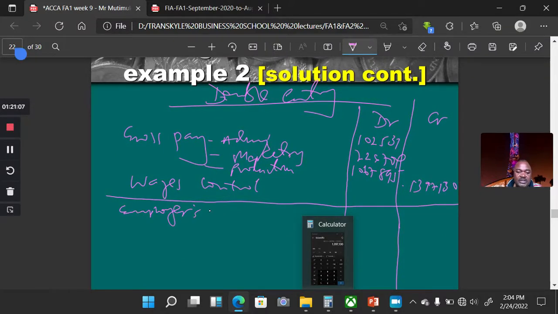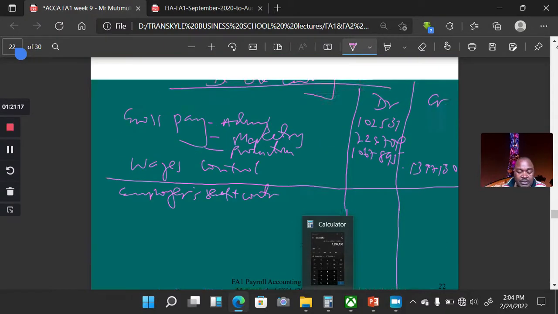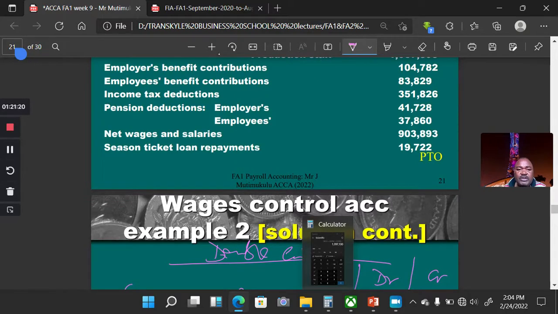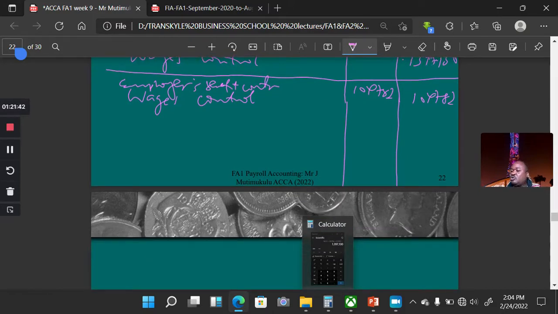And how much did they contribute? We are told that the benefit contribution was 104,782. And we are going to credit the wages control with the same amount, 104,782. Remember, the debit and the credit should always balance.